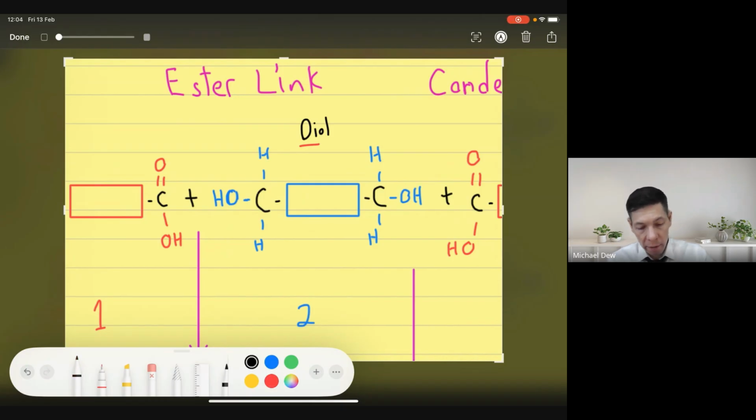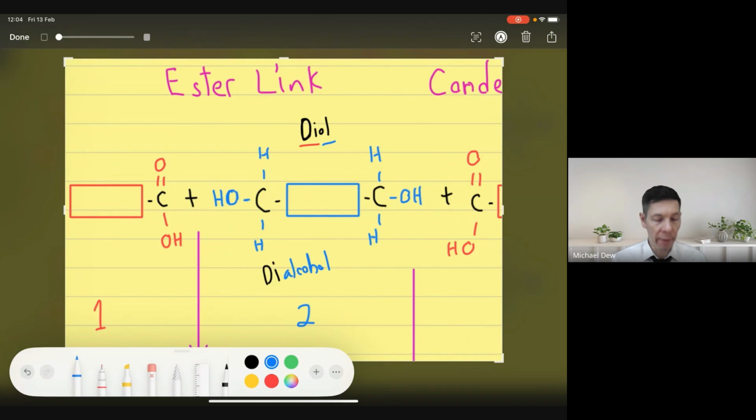Bi is used sometimes to denote 2, but in science and other fields of study we also might use Di instead of Bi. So di means 2, and ol is shorthand for alcohol, or we can say dialcohol. So diol is also a dialcohol.